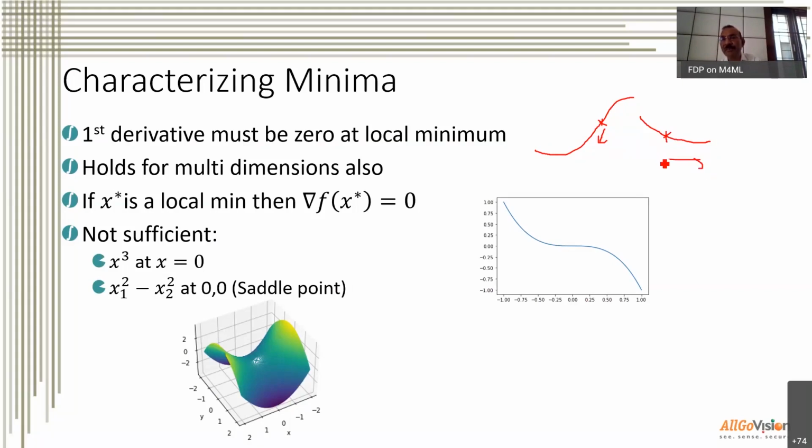That means if I increase x, the function value is going to be lower. Hence, this couldn't have been a local minimum, right? Because if I try to see the points in the vicinity, I cannot find any vicinity where this point is the lowest. And similar is the case here. I cannot find any neighborhood of this point x star where this point is a minimum.